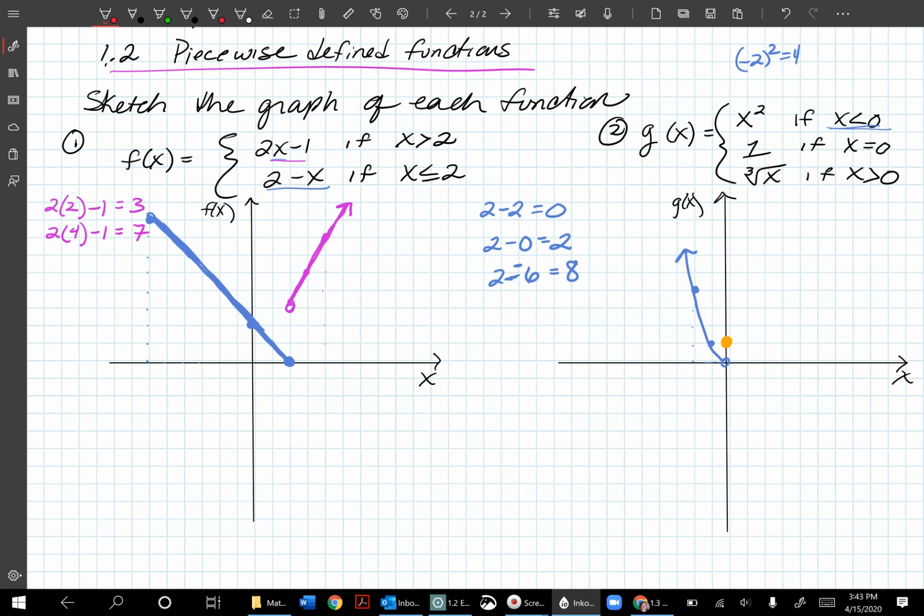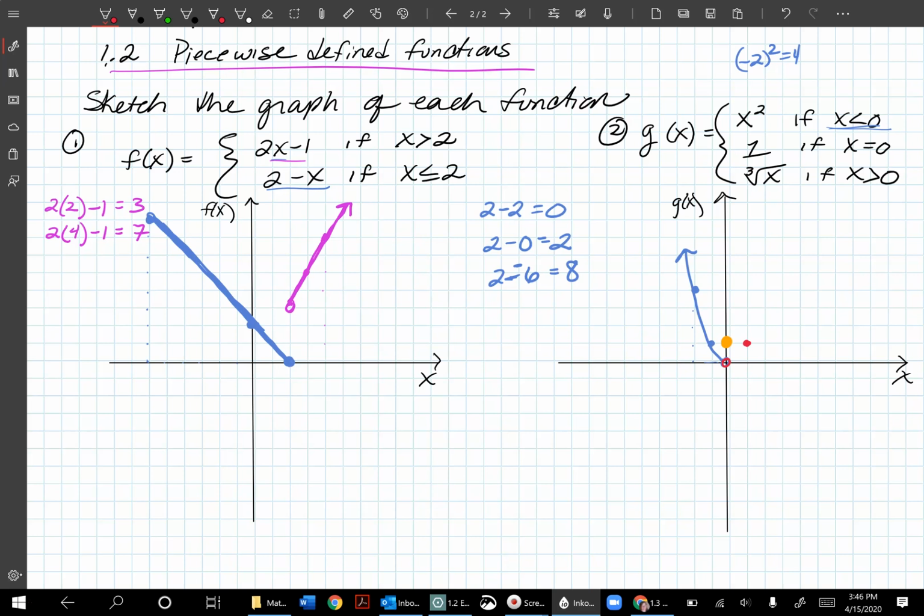We would have an open hole there, right? Okay, so cube root of 0 would just be 0. And then if I picked another one like 1, cube root of 1 would be 1. So kind of put that there.